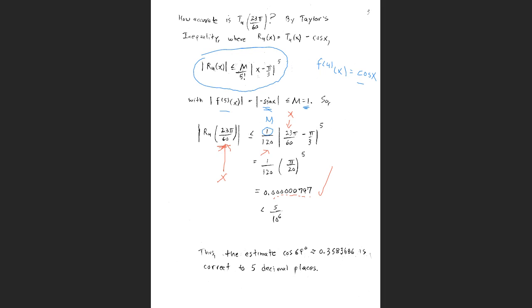And that is less than 5 over 10 to the 6th power. So our estimate is correct to 5 decimal places.